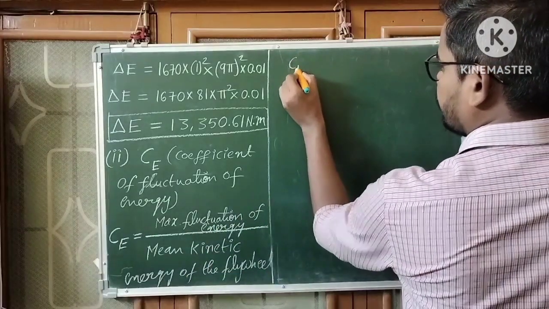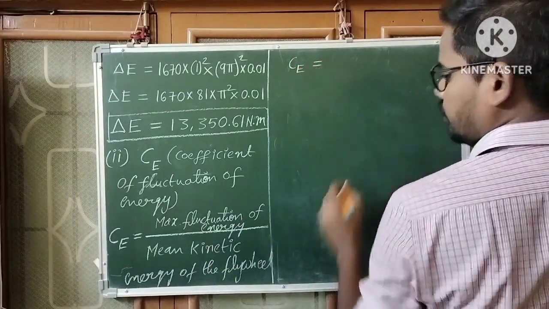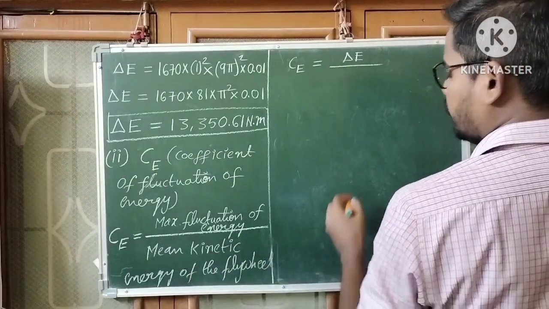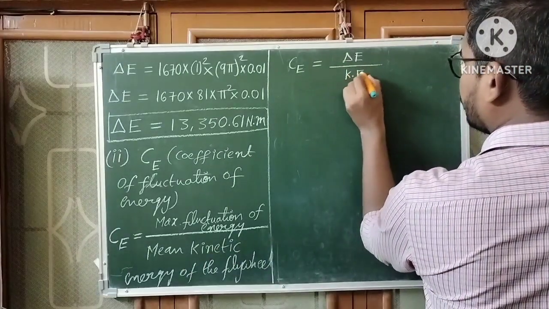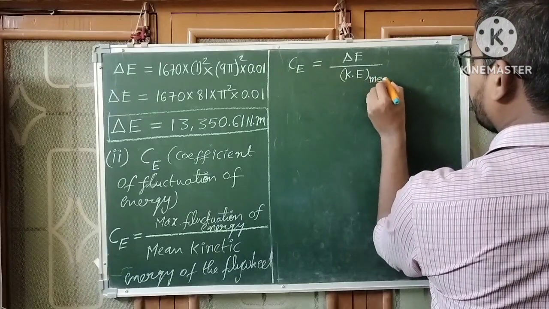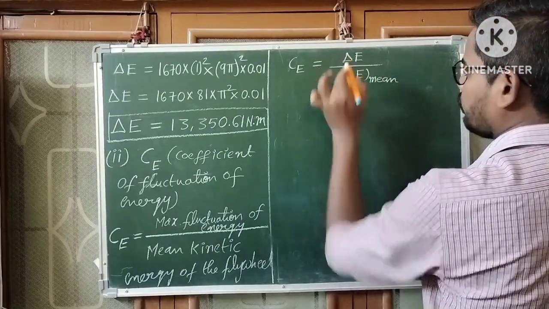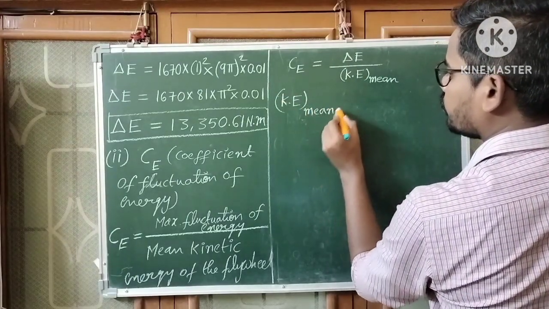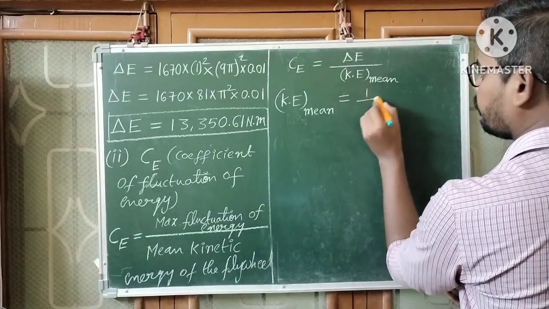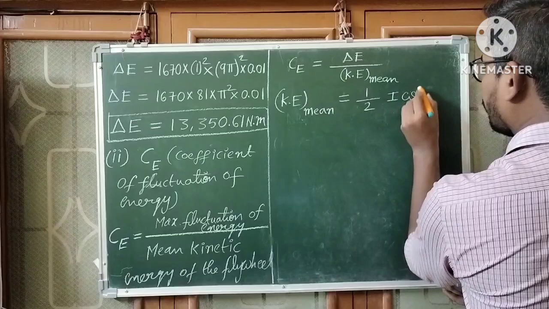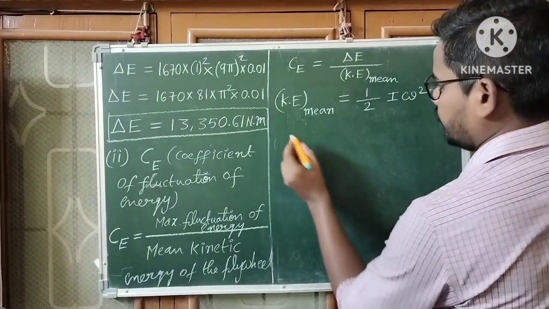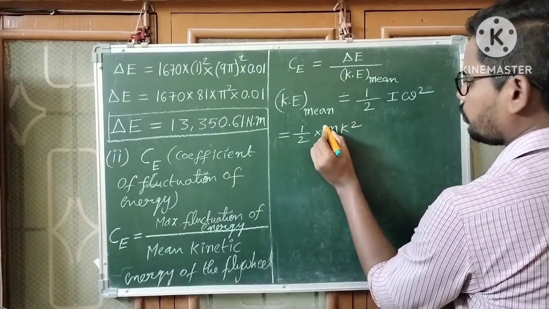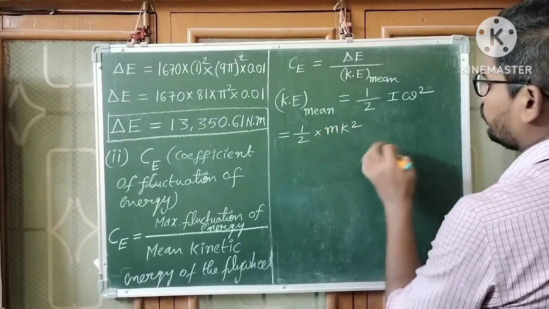So now CE, the coefficient of fluctuation of energy, is equal to the maximum fluctuation of energy, delta E, by the mean kinetic energy of the flywheel. We already have delta E. We need the kinetic energy. Mean kinetic energy of the flywheel is equal to half of I omega square, where I means the mass moment of inertia of the flywheel.